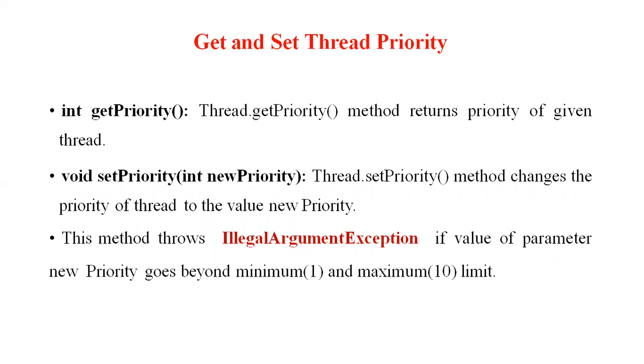Thread.setPriority changes the priority of the thread to the given new priority. This method throws an IllegalArgumentException if the value of the parameter newPriority goes beyond the minimum 1 and maximum 10 limit. So the minimum priority of a thread is always one, and the maximum value is 10.